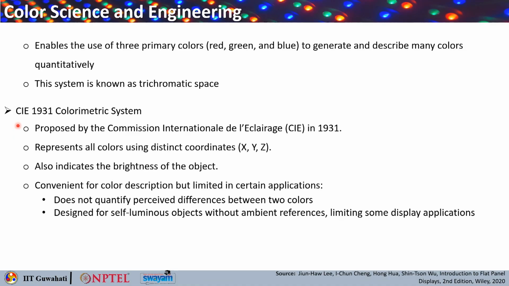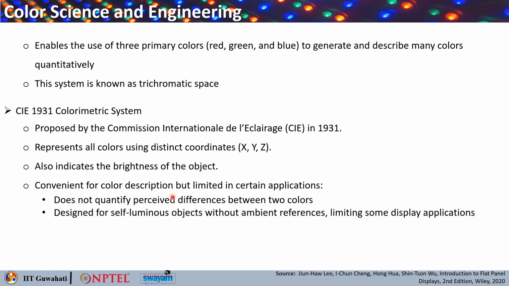In 1931, this kind of system was first proposed by the International Commission on Illumination, CIE. They proposed a method to represent all colors using distinct coordinates capital X, capital Y and capital Z. This also indicates the brightness of the object.